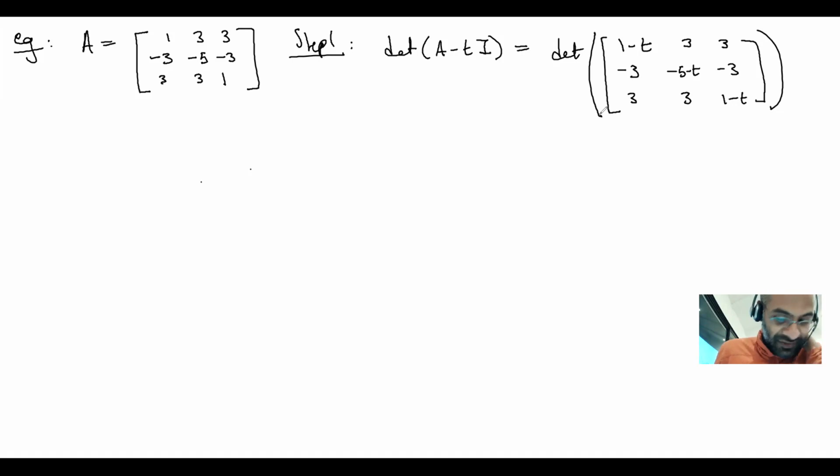And now I have to expand this. I have to find the characteristic polynomial. Okay. So now I'm going to use the recursive formula, where I pick the first row, let's say, and then I reduce it to some 2 by 2 determinants, which we've done before the midterm. So you get 1 minus T times the determinant of this little matrix.